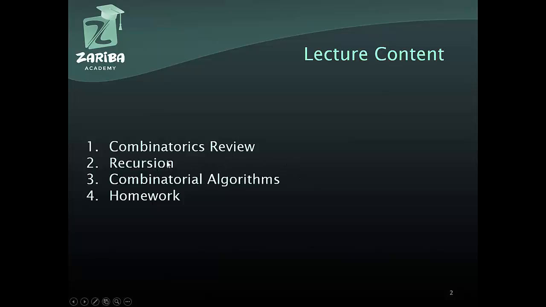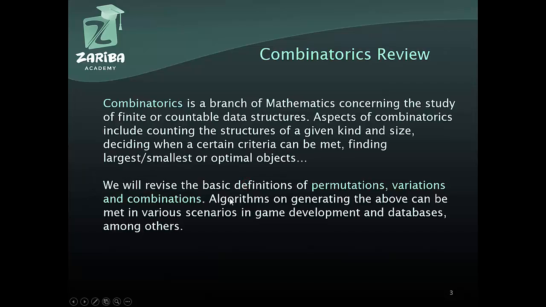Then we'll talk about recursion and combinatorial algorithms, where these two, number 2 and 3, are sort of combined. I wouldn't be doing like 2 is this and 3 is this, because recursion is used to solve algorithms in 3.